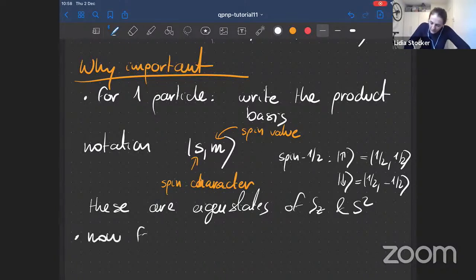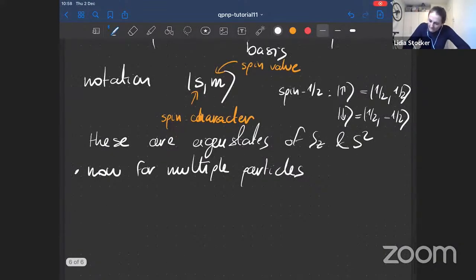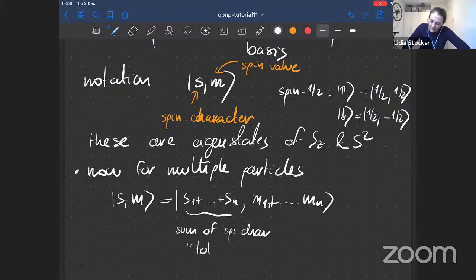Now, for multiple particles, S and M will be S1 plus up to S_N, and M1 plus up to M_N. So this is the sum of the spin characters, the total spin possible, and this is the total spin value.